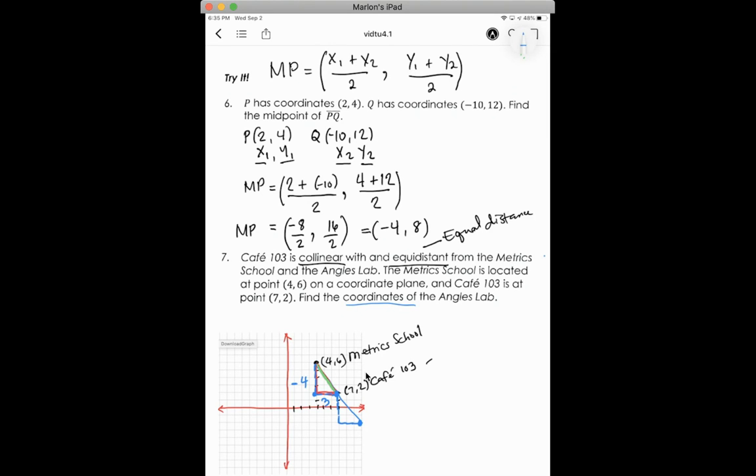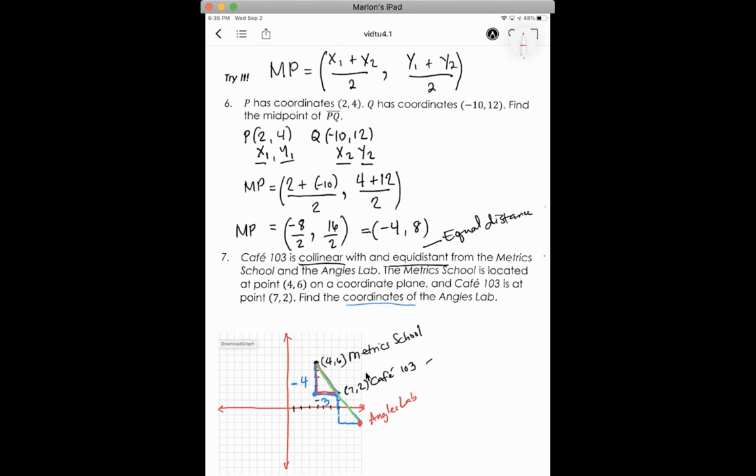If we redraw that line all the way, that gives me 3 collinear points. And of course, the slope we're following is of equal distance, because we went down 4 and to the right 3 again. So what is this point we end up with for the Ingles lab?